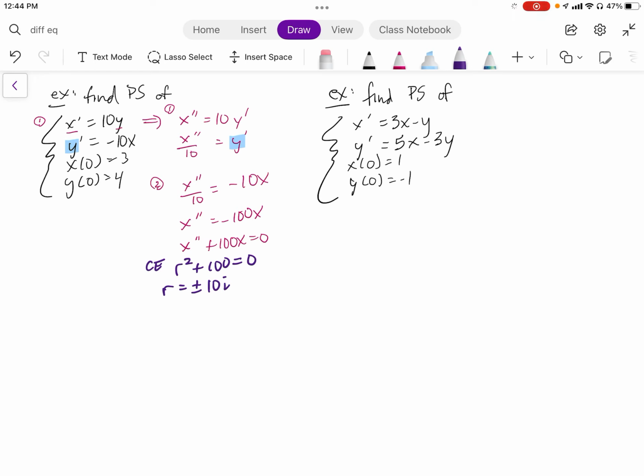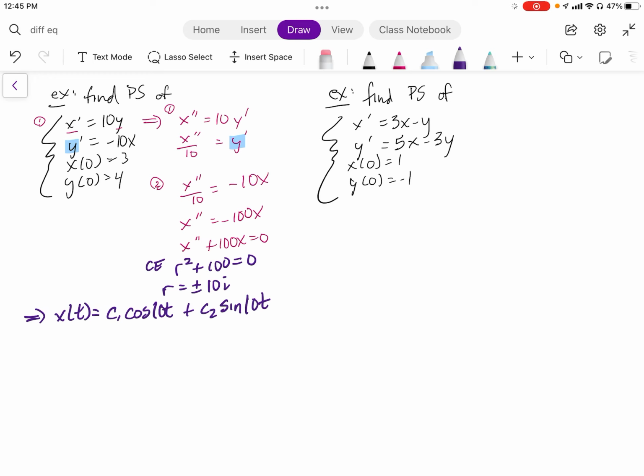We were solving for our function x, so x of t, with i, we'll use the trig form: c1 cosine 10t plus c2 sine 10t. That's the most common notation.